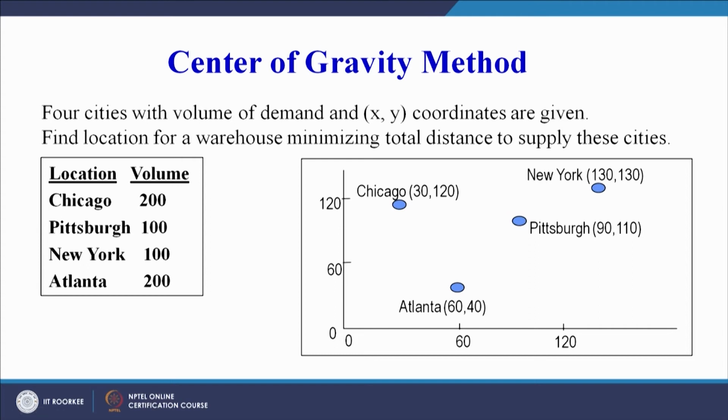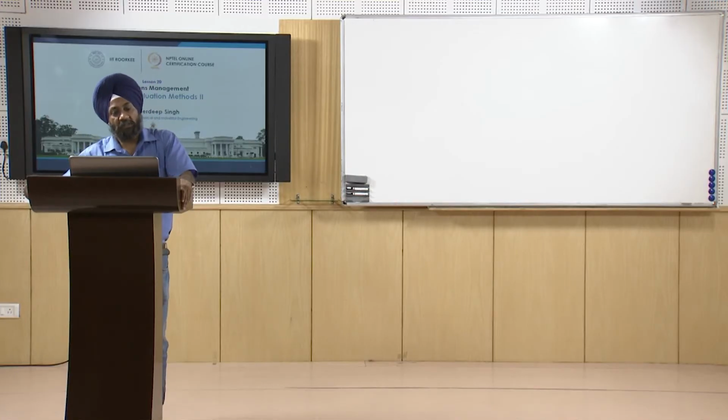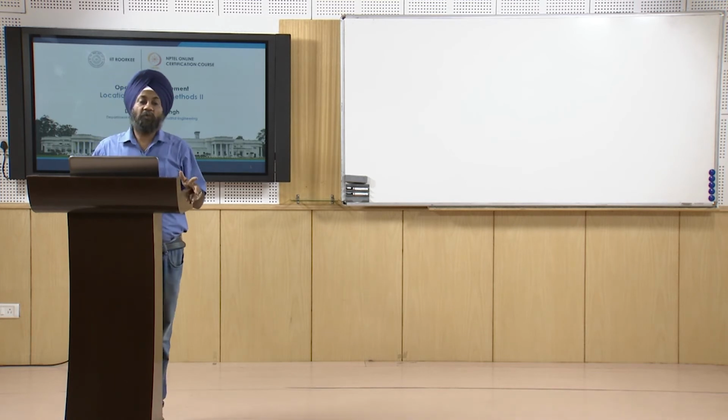So we have to minimize the total distance here. We are not focusing on the cost involved here. So our objective is to minimize the total distance and find out the optimal location which will minimize this total distance in order to supply to these 4 cities. Now how we will calculate?